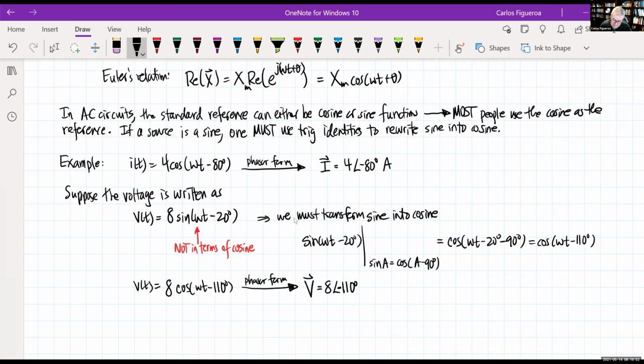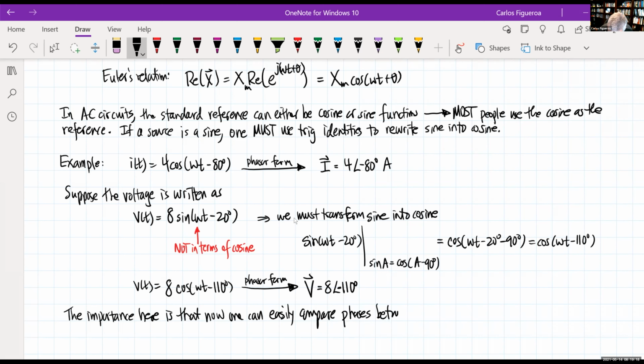Now, the reason that's important is that one can easily compare phases between I and V because now they're in the same form.